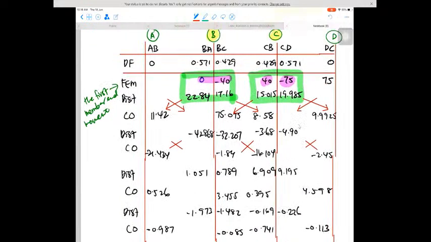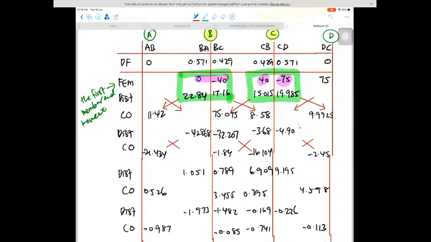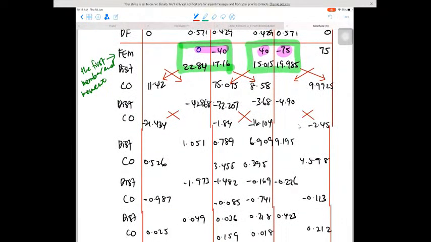Okay, for AB, now we are going to determine the moment MAB. So we total, starting from 11.42 minus 21.434 plus 0.526 minus 0.987 plus 0.025.